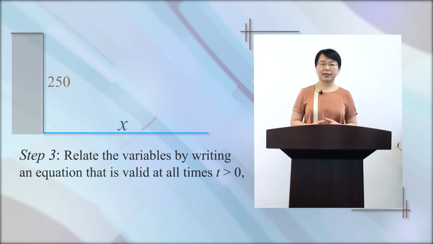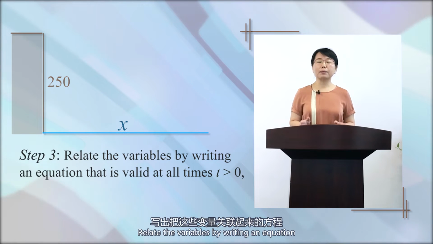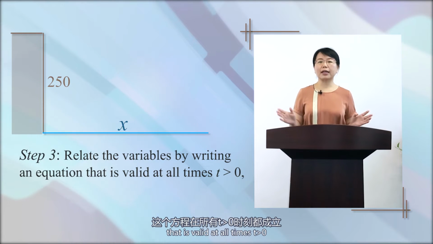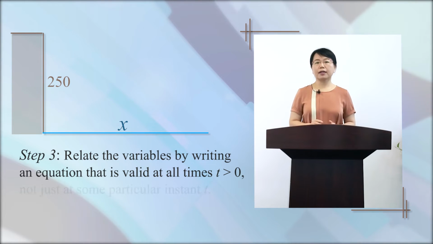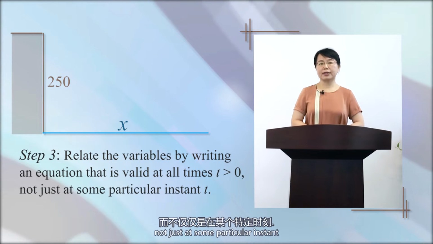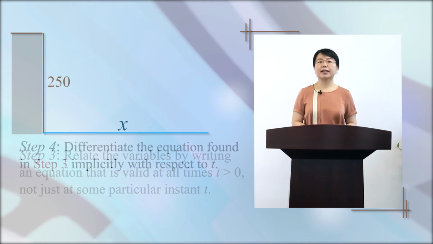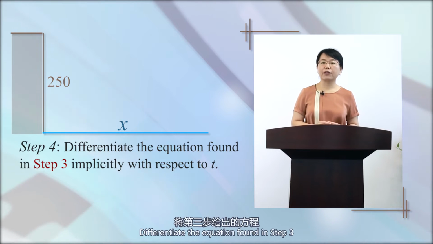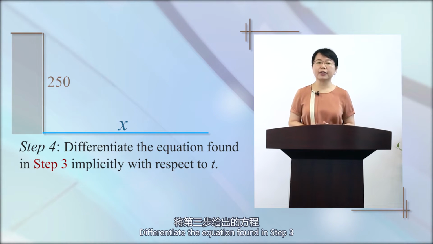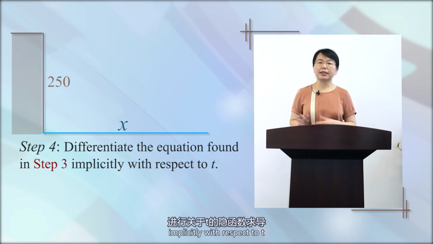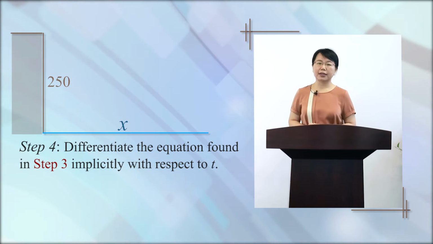Step 3. Relate the variables by writing an equation that is valid at all times t positive, not just at some particular instant. Step 4. Differentiate the equation found in step 3 implicitly with respect to t.